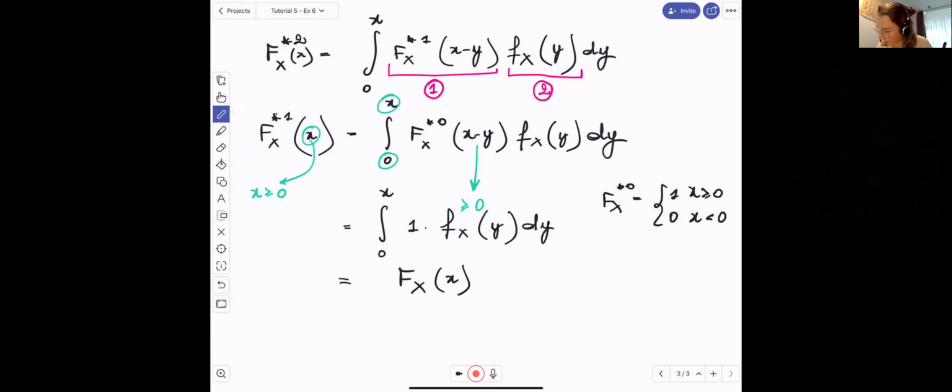Then for the second part, about the density function of x, we know that x is uniformly distributed. If you look in the appendix, you will see that in general, for a uniform distribution between a and b, it's 1 over b minus a for x in between a and b, and 0 elsewhere.